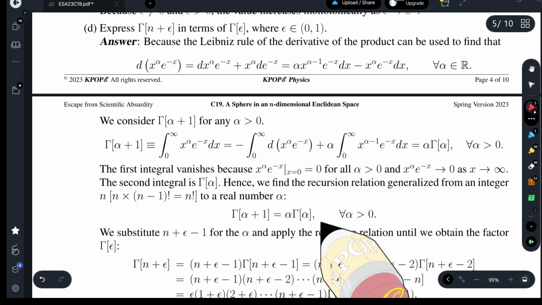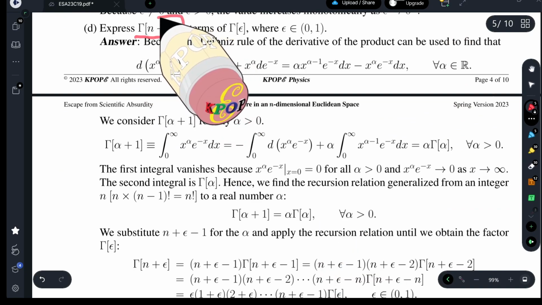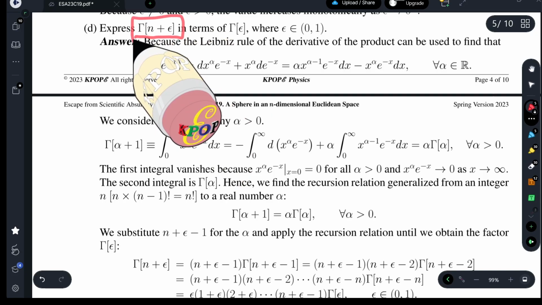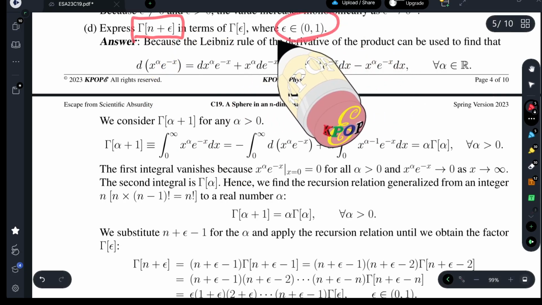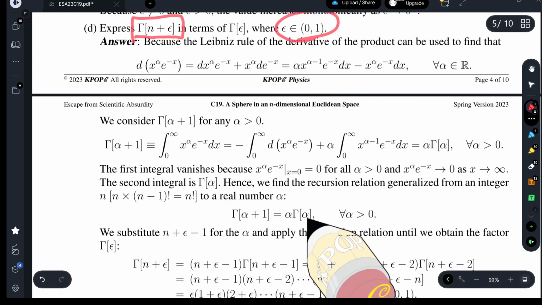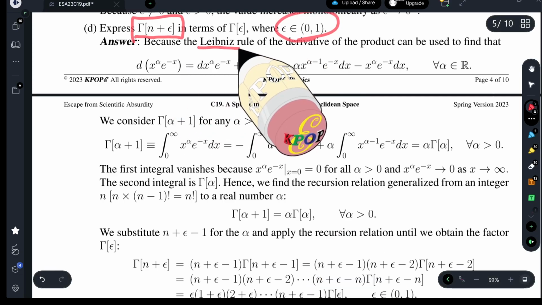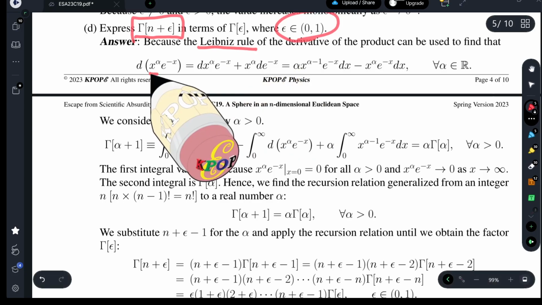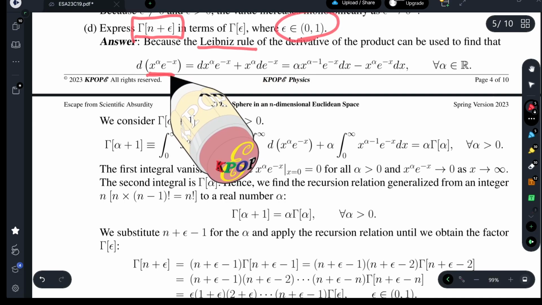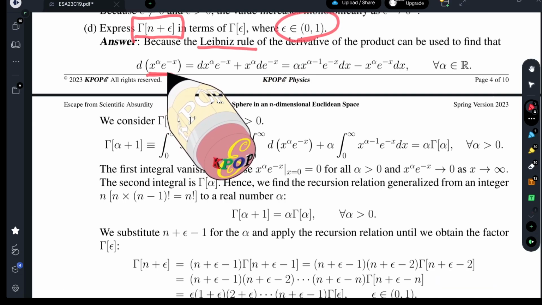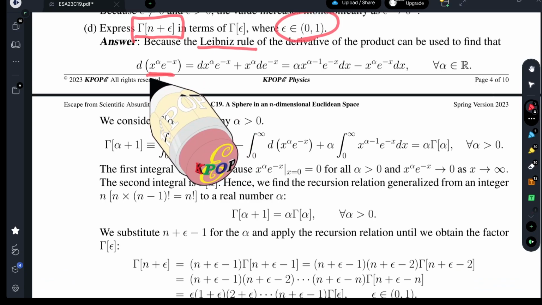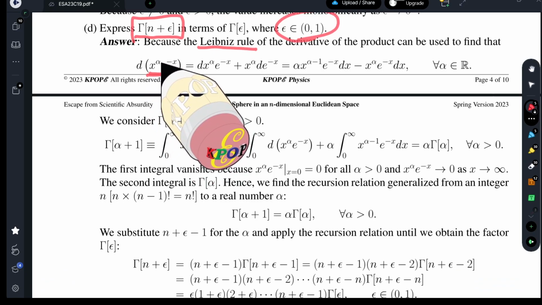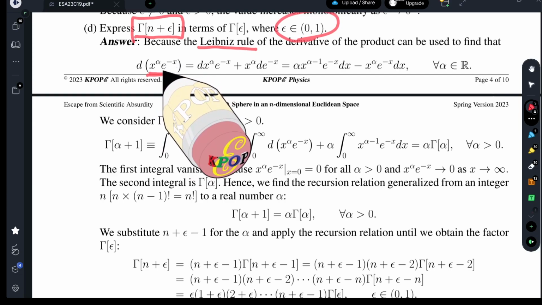Why don't we extend this idea to compute gamma of n plus epsilon, where epsilon is between 0 and 1. We make use of the Leibniz rule to take the total derivative of this factor that appears in the integrand of the gamma function, except that we have no minus 1 here.